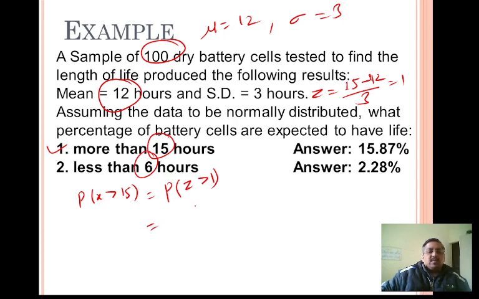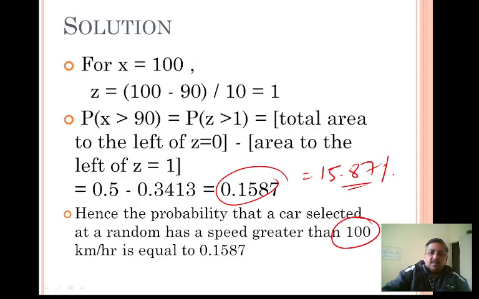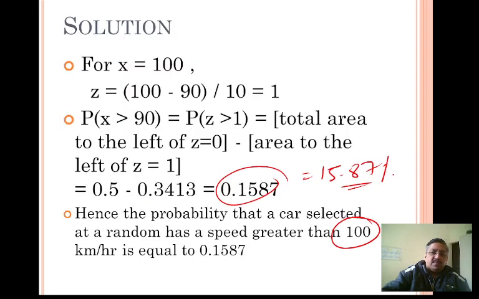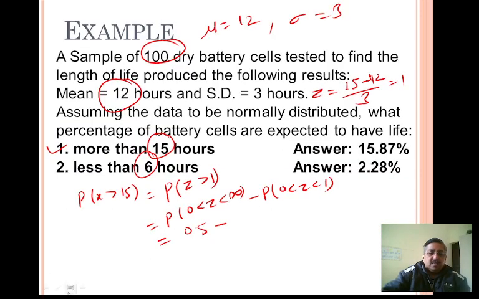It is now similar to the previous question. Probability of z greater than 1 we have just solved, that is the probability of z lying between 0 to infinity minus the probability of z lying between 0 to 1, right? So it comes to 0.5 minus, as we did in the previous one, 0.3413.